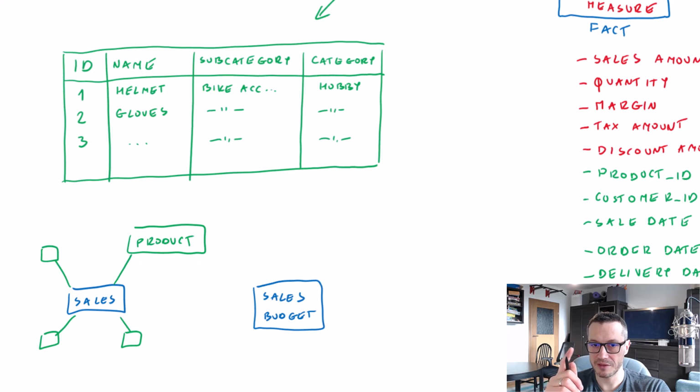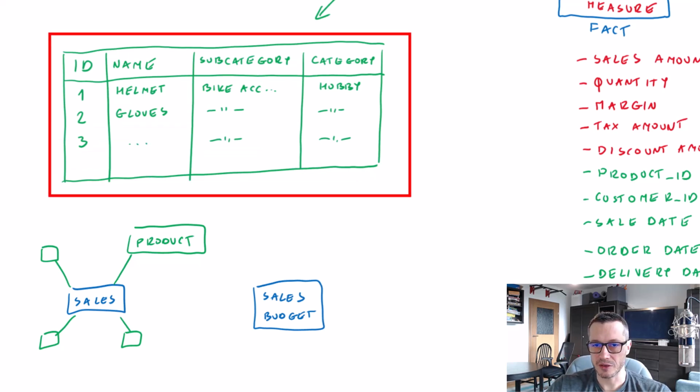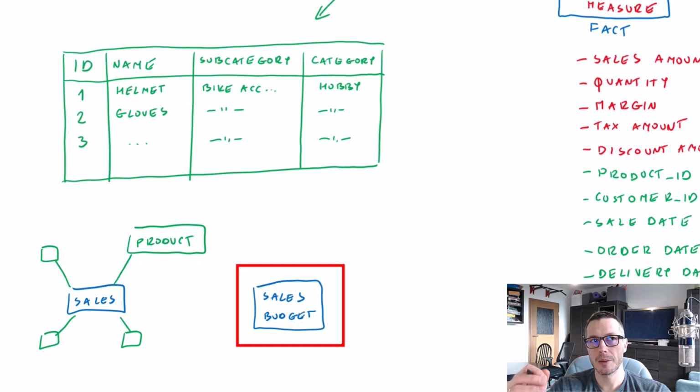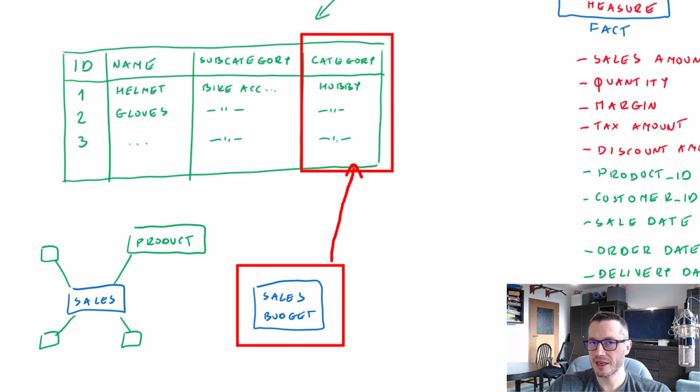And please note the difference. The granularity of our product dimension is set at specific product, so very granular. Contrary, the granularity of our sales budget is probably lower, which means that I guess it might be set at the category level, because I don't believe that managers set budgets for specific products.